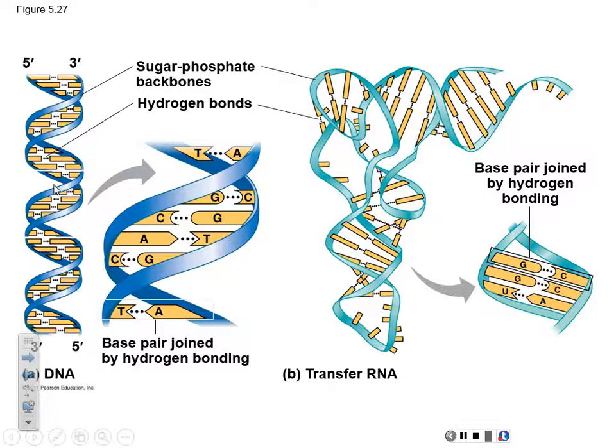So DNA is a double-stranded molecule typically, and the information on the two strands is redundant. The strands are complementary to each other. If you have a G on one side, you have a C on the other. If you have a T on one side, you have an A on the other, and both of those permutations, C to G, A to T. Okay? So that's how information is being stored.